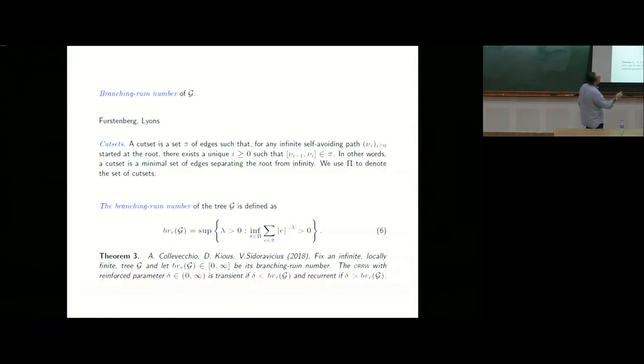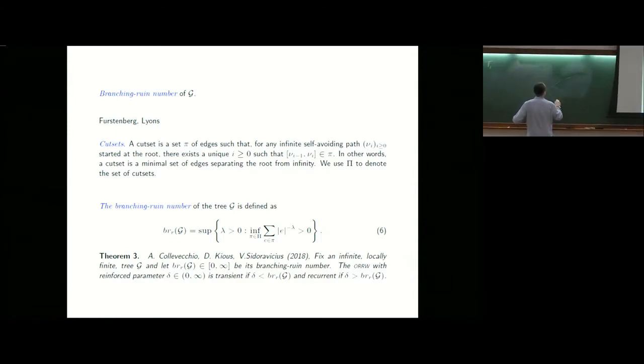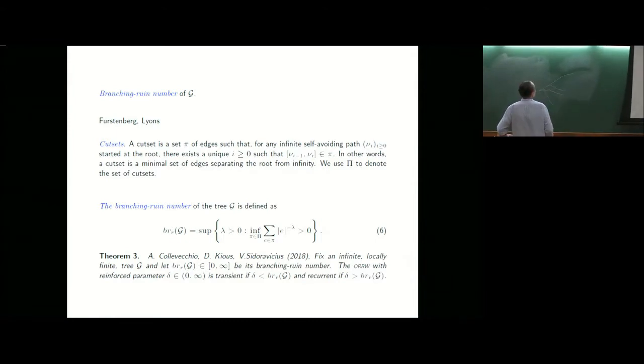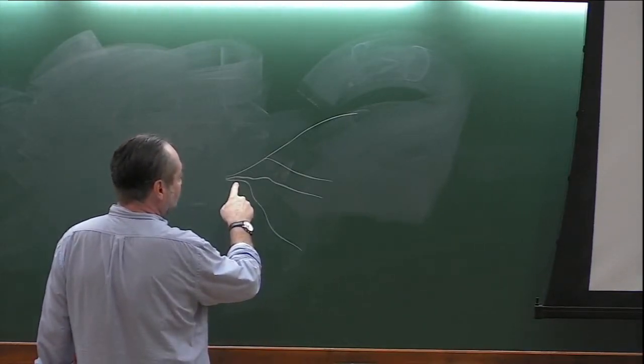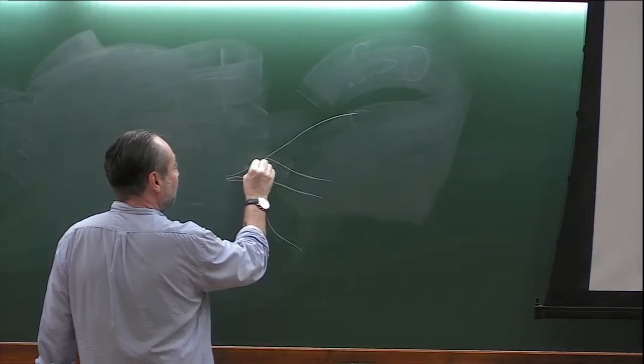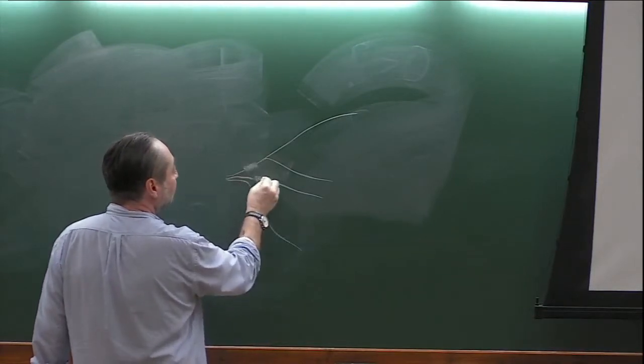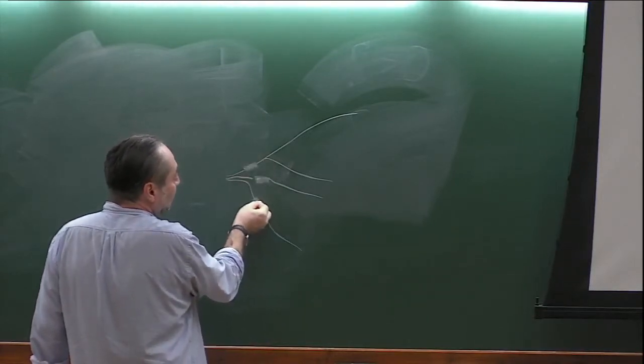So a cut set is a set of edges. So you have a tree. And then a cut set is a set of edges which prevents a self-avoiding walk, because we're talking about walks, from escaping from the origin.